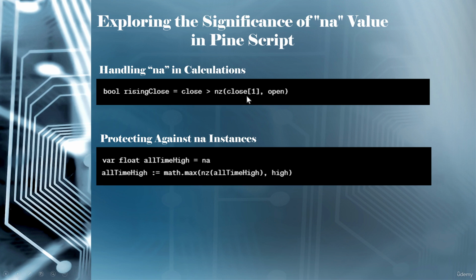So if close 1 in square brackets is NA, this entire nz function will return the second parameter, which is the open price. If close 1 in square brackets is not NA, it's going to return close 1 within square brackets.